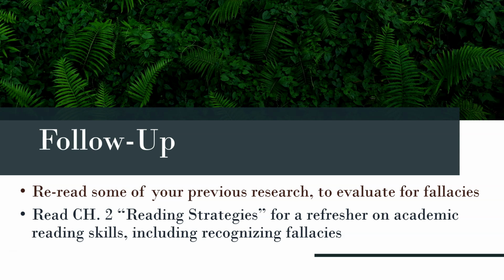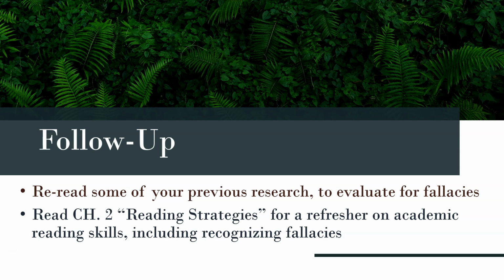So if those sources are at hand, I would encourage you to reread through them to see if you can identify any rhetorical strategies and techniques that you didn't catch the first time around, or now that we have a new vocabulary for rhetorical fallacies, anytime we have mistakes or manipulation connected to ethos, pathos, or logos. Maybe review the research that you've already done and see if you can spot anything like that in there.